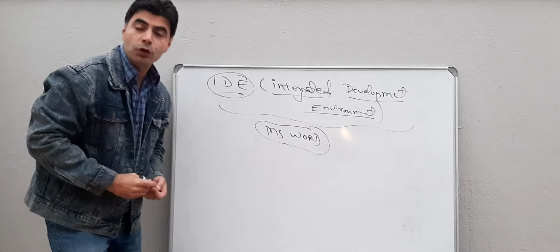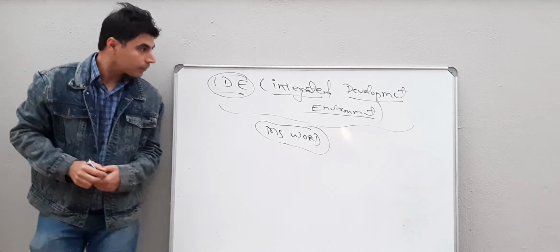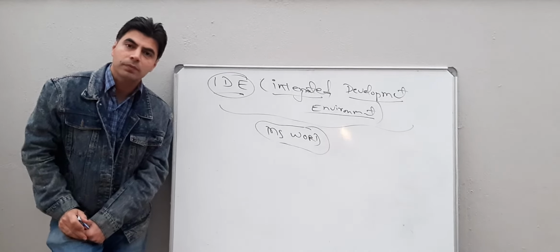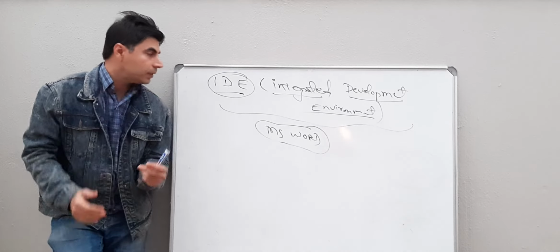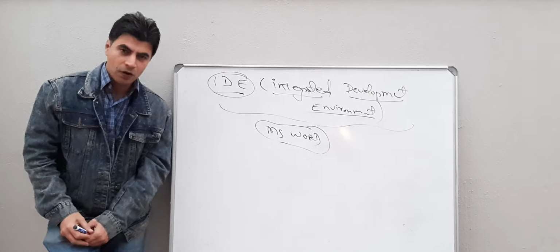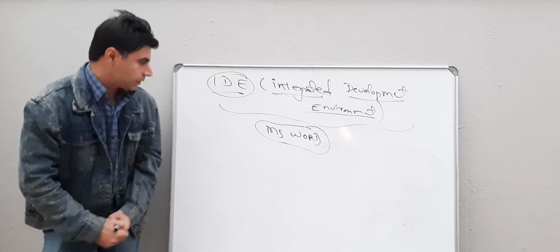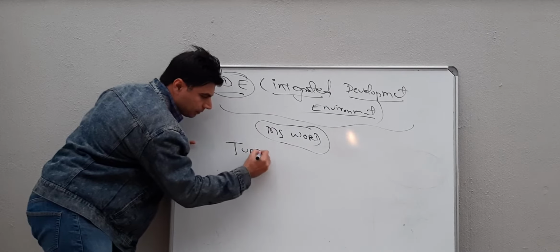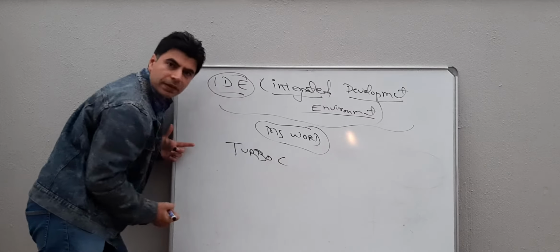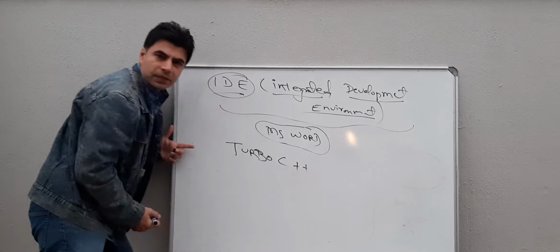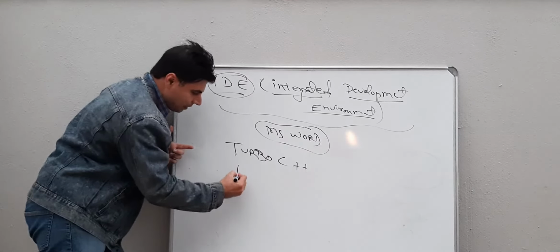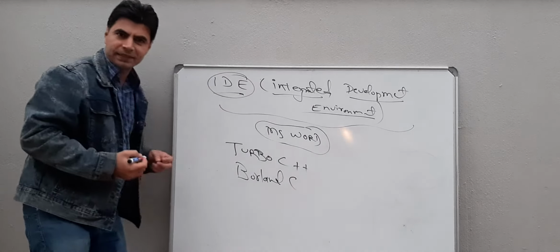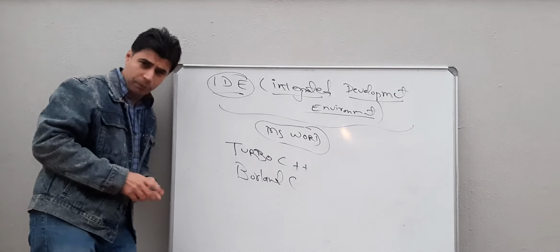To write the code of C language, there are lots of very famous, popular development environments, IDEs. The most popular ones were Turbo C++ and Borland C. These two were very popular.